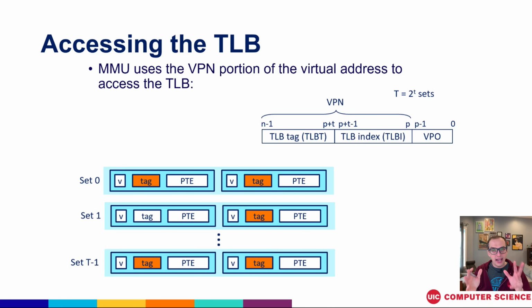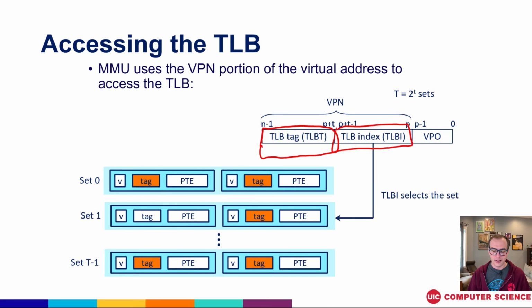When we have an element that we want to pull into a set associative cache, we're pulling in more than one at a time so that we have some level of locality. Say we take the virtual page number and split it up into a tag in the high level bits and an index in the low level bits.